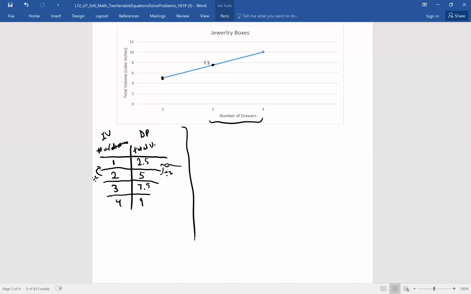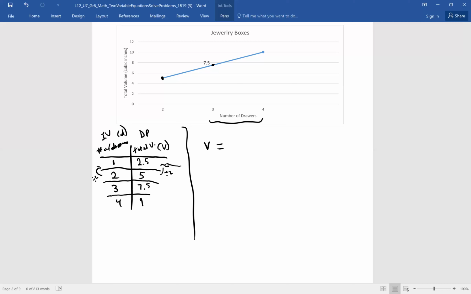So we're going to say the dependent variable is represented by the variable v. We're going to say the number of drawers can be represented by the variable d. So let's use these two variables to create an equation. So v, which is the total volume, the dependent variable, should be by itself, of course, is equal to what do you think? Is it 2d? Is it 1d?